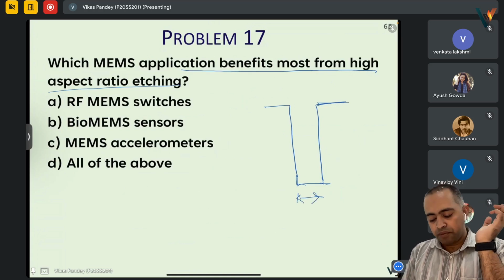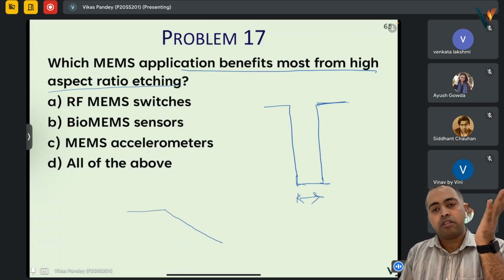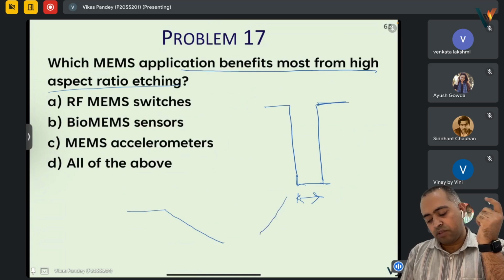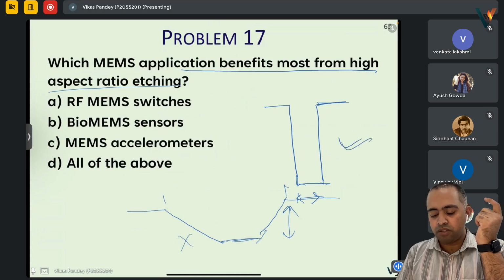Unlike the isotropic ones or other structures we are generally able to make, which have a larger opening and lower depth. Not this, but this kind of structure.